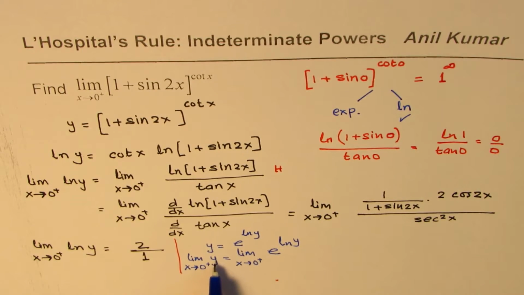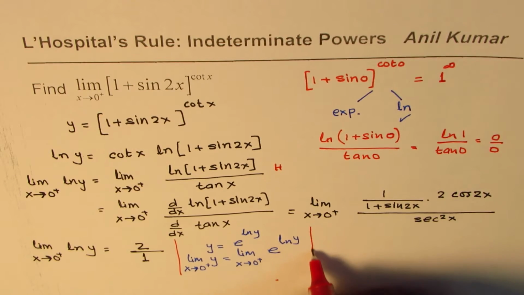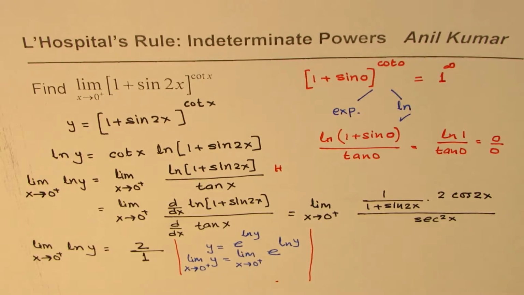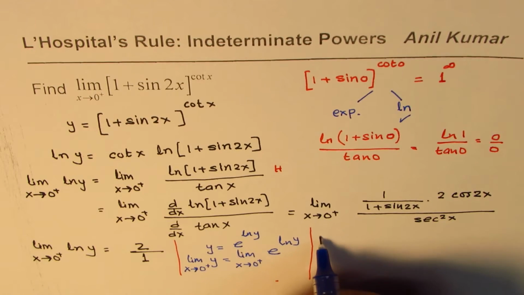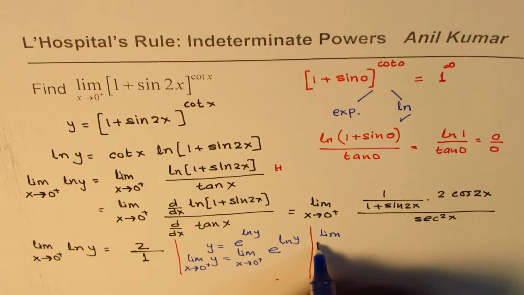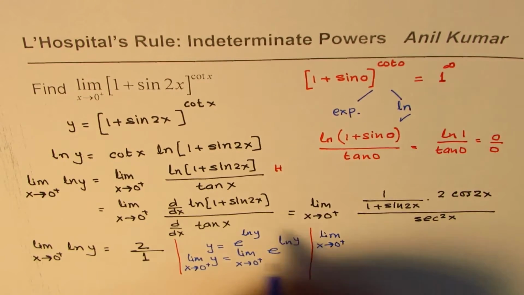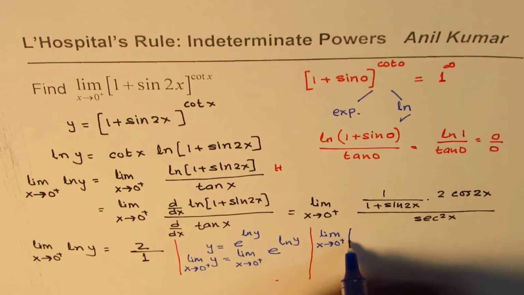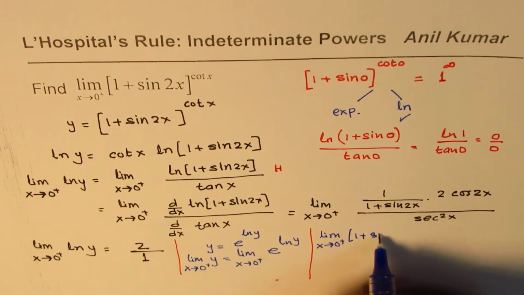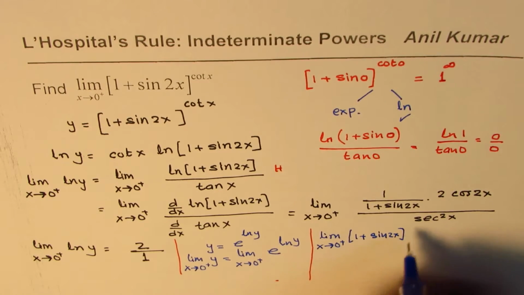Now for us, what is y? y is the function. So let me rewrite here. We want to find the limit as x approaches 0 plus of the function (1 plus sine 2x) to the power of cotangent x.